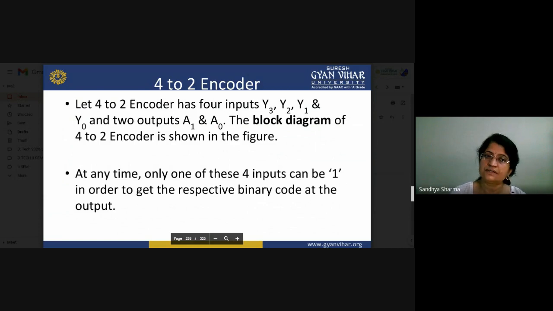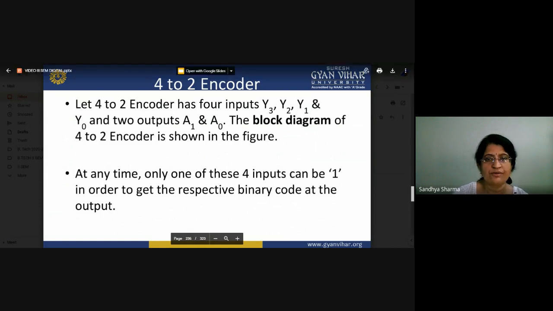Which input is active at that particular time determines the respective binary code you achieve at the output.